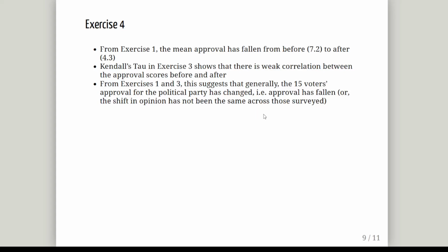From the overall analysis from exercises 1 and 3, this suggests that generally the 15 voters' approval has fallen, and the shift in opinion has not been the same across those surveyed. That's based on the correlation coefficient. So some people have different opinions before and after. So that's it, we'll leave it there.